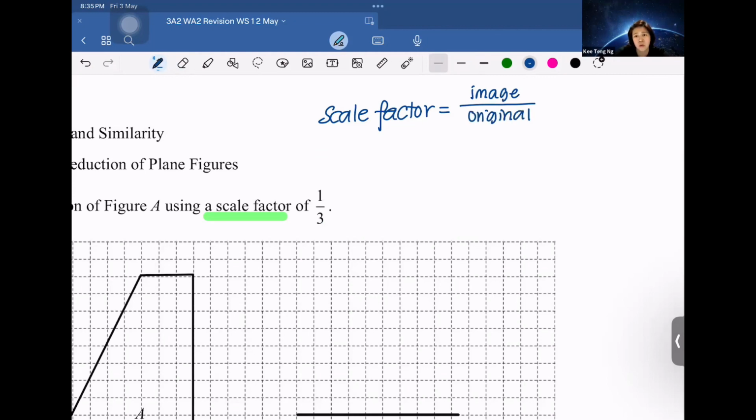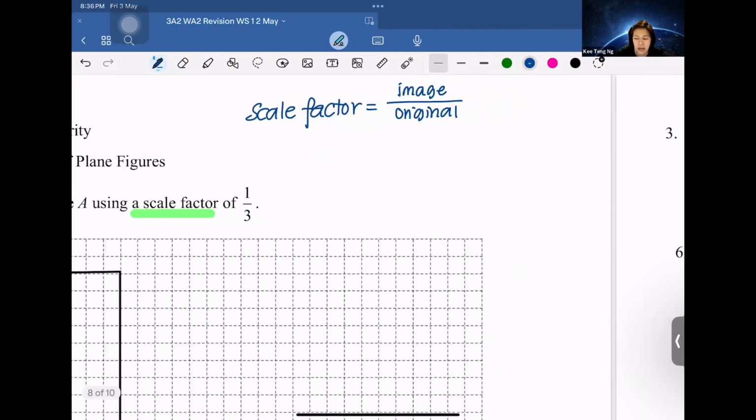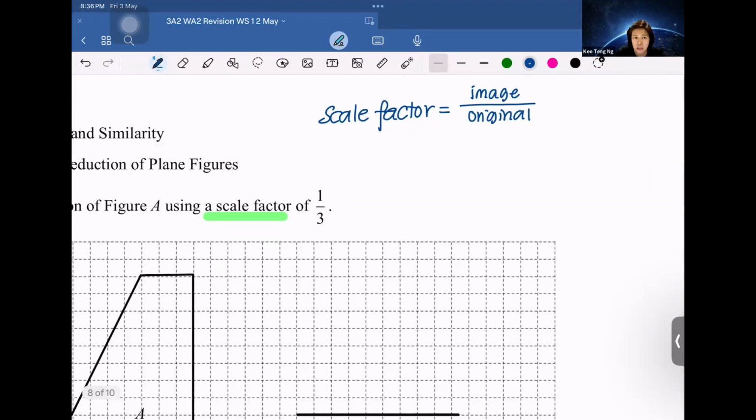All right, so if I were to have an enlargement, the original becomes something bigger. So when I have an enlargement scale factor, the one that is usually being blown up, the larger one, is the image. So it'll be the big over the original one, which is the smaller one. So big over small.